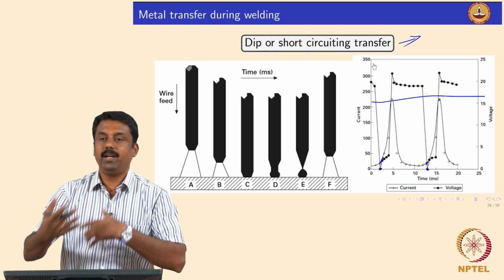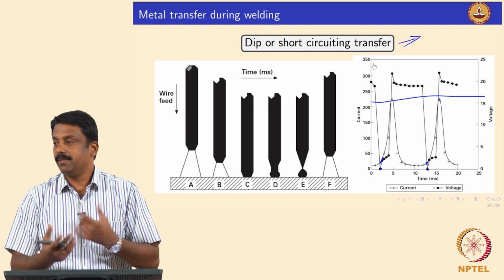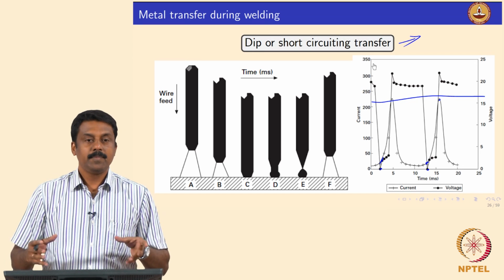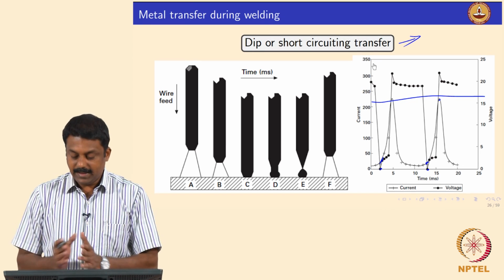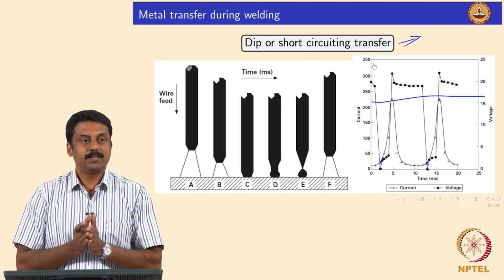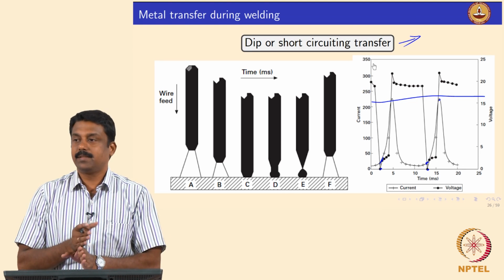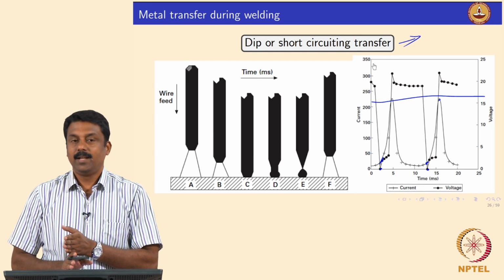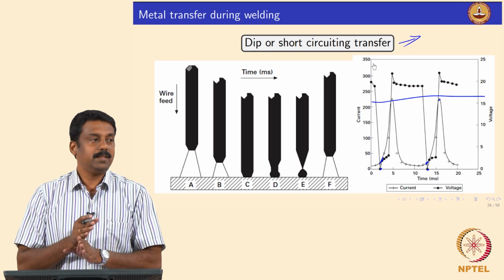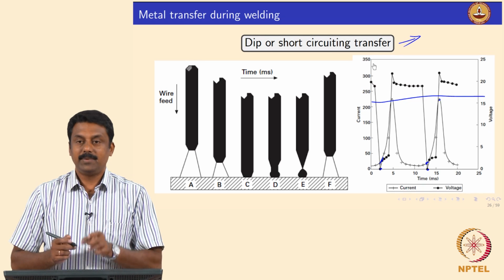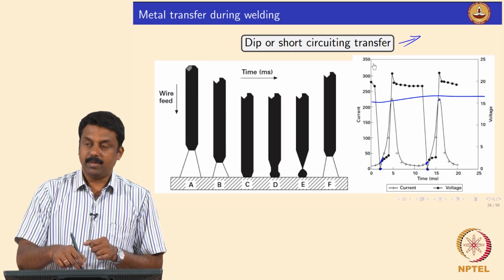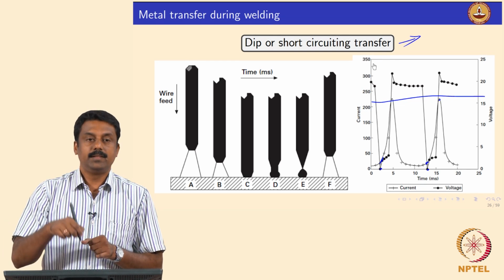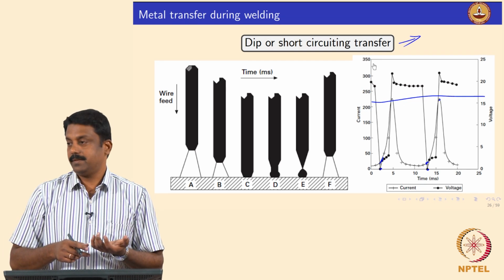We will see subsequently in the advanced GMAW process, at the end of this unit, what complex waveforms we use to achieve this transfer. But the basics is this. What is the basic? The moment short circuiting happens, voltage becomes 0, and the power source identifies that moment, switches off the current, and subsequently the wire is retracted. So the forward and reverse motion of the wire is controlled by controlling the feeding rate.